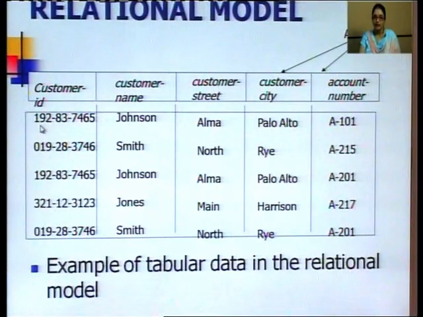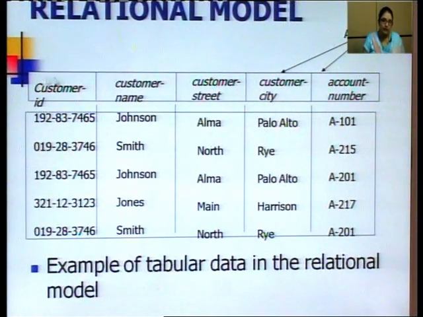Row 1 has data for customer details, row 2 has different data for customer details, row 3 has different data for customer details, and again row 4 and row 5. Each row keeps a record of a customer having different values for different variables or attributes in the table.